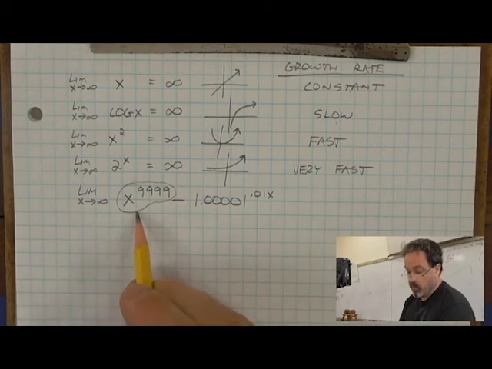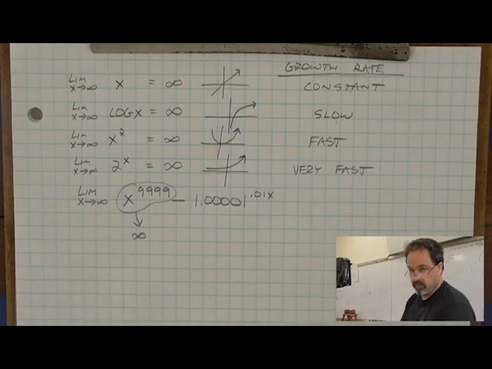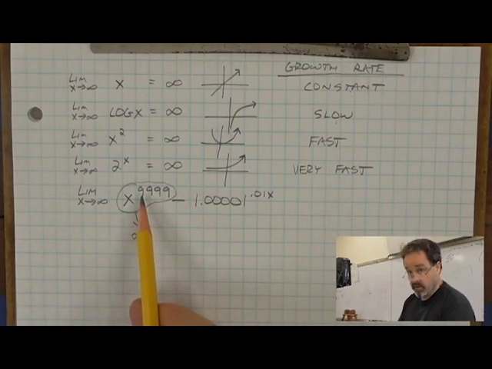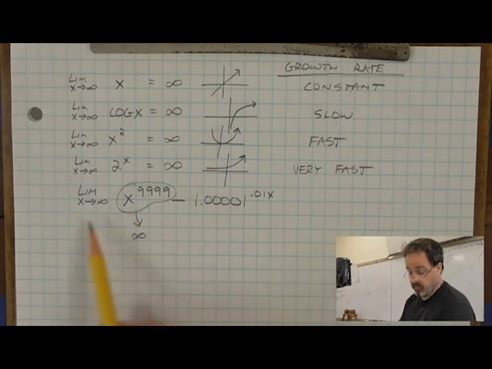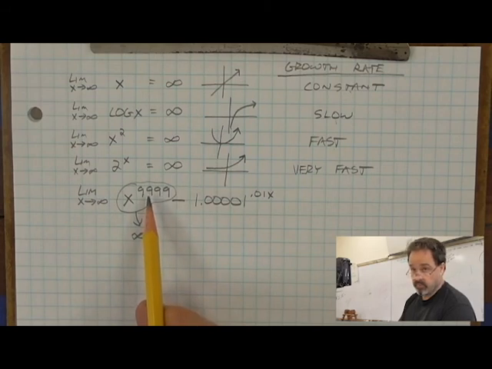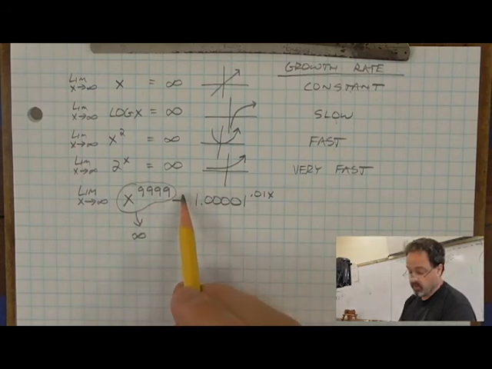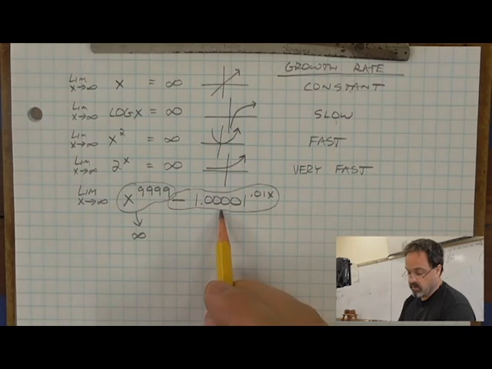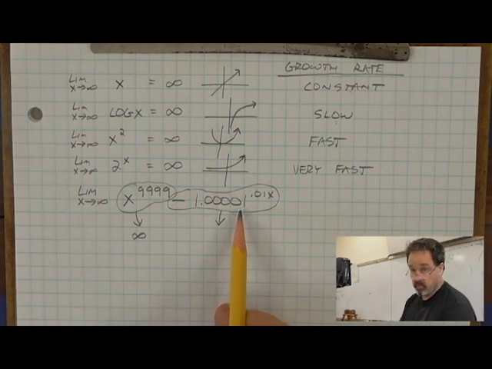This part of the function will go to infinity. This is a power with an exponent of 9,999. Imagine putting a small number like 2. 2 to a power like that is going to be huge. Let's compare it to this term here, which is exponential. This exponential function will grow because its base, even though it's very small, is greater than 1.